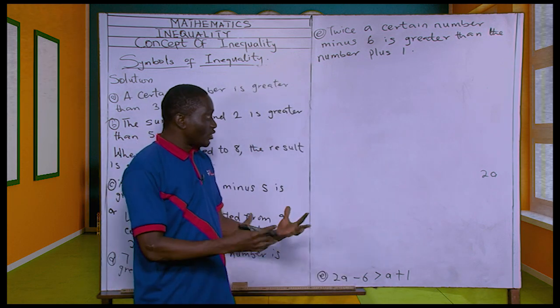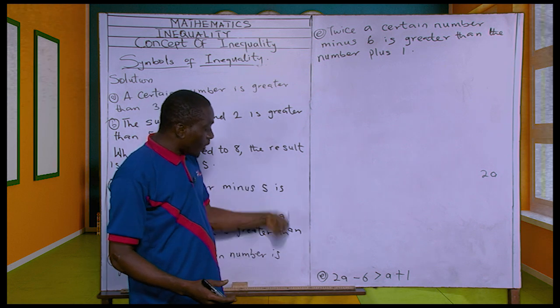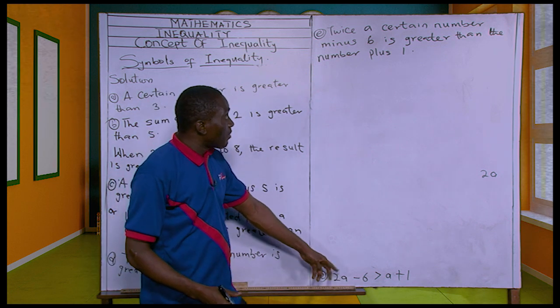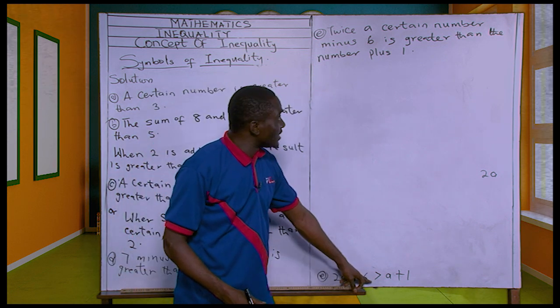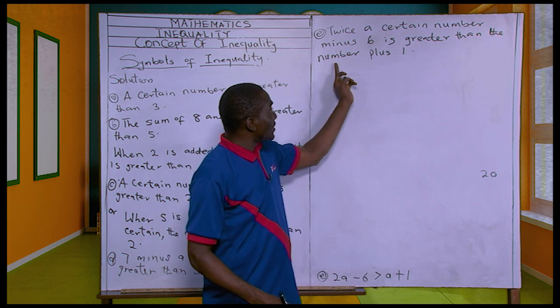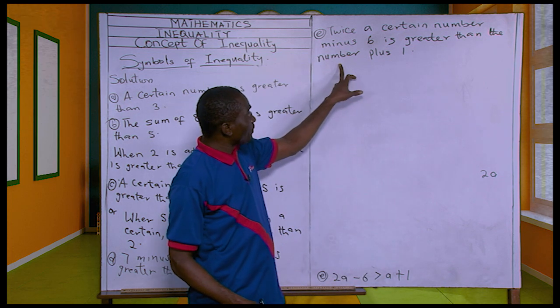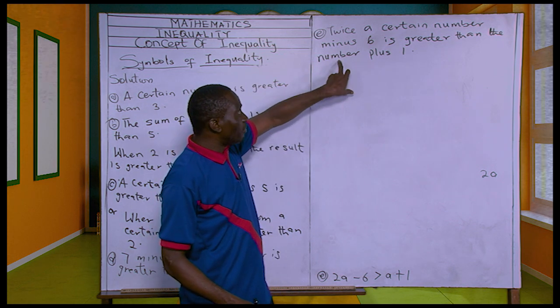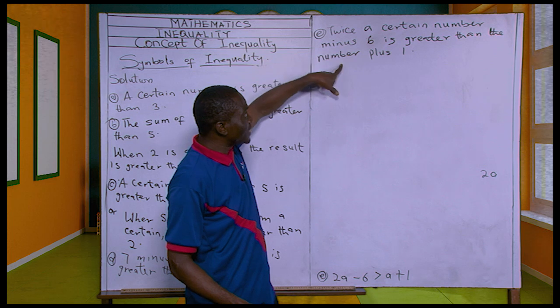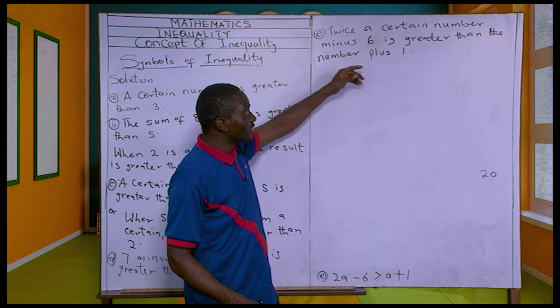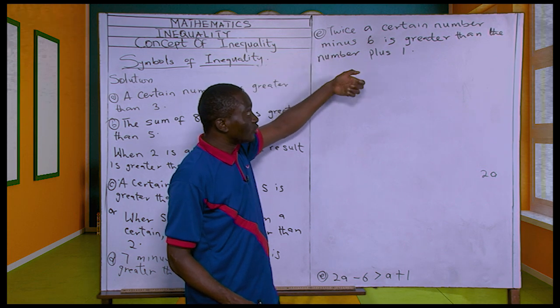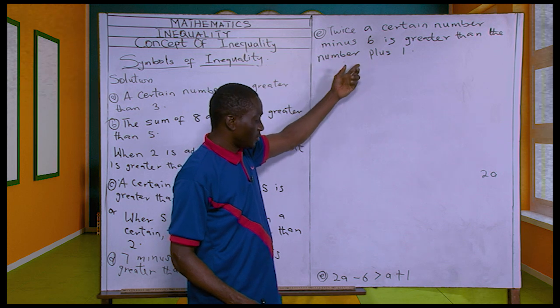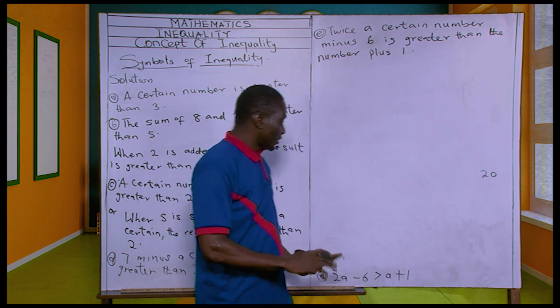A is a certain number, the number that is unknown, that we don't know its value, plus 1. So that is it.